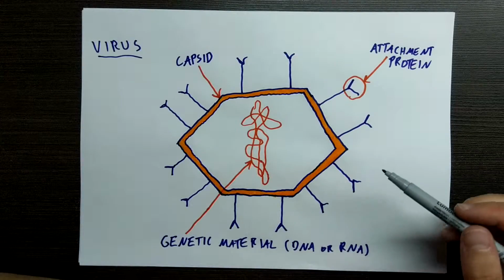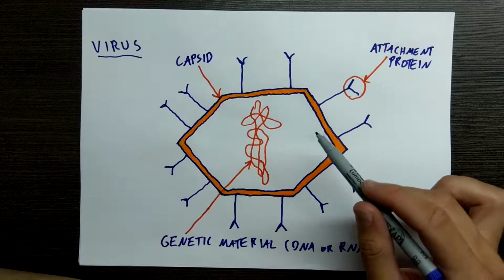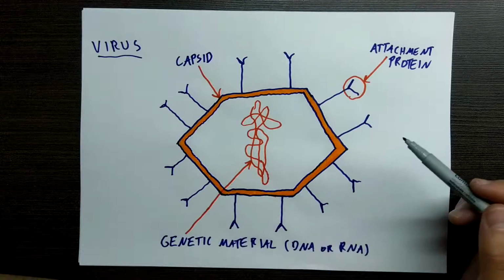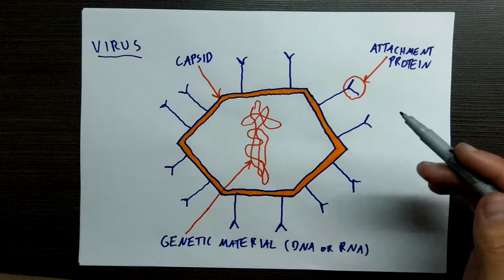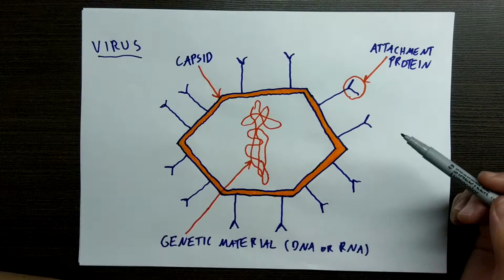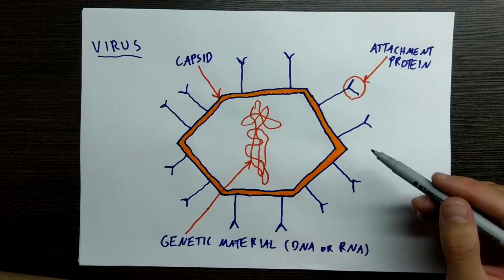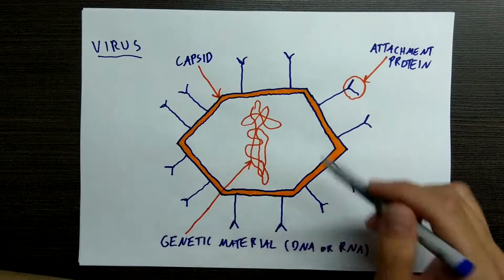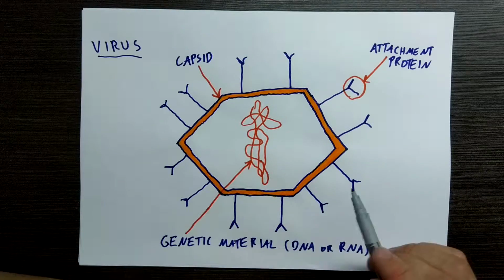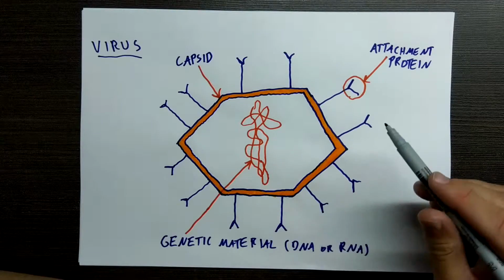Now, an important thing to consider is that a virus is not a cell. Bacteria is essentially a type of cell. Eukaryotic cells are eukaryotic cells. A virus, however, is not a cell. It is just some protein with nucleic acid. But absolutely, it is not a cell.